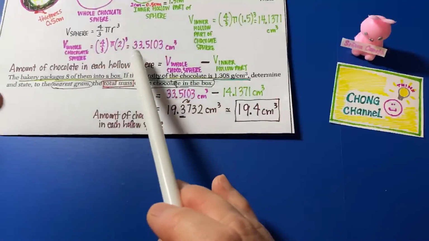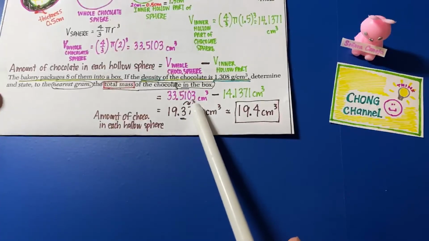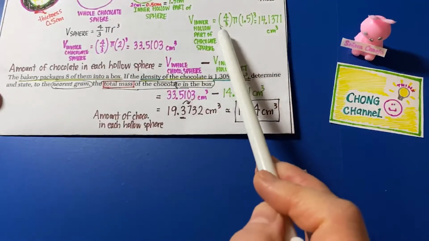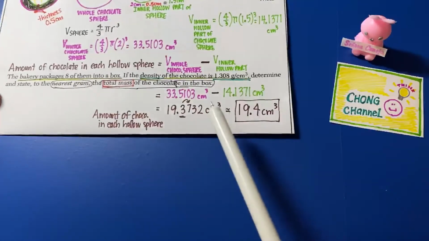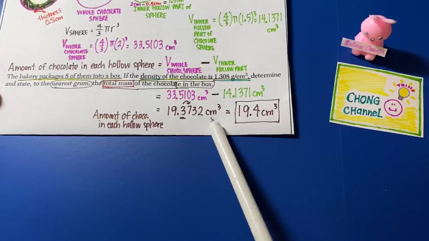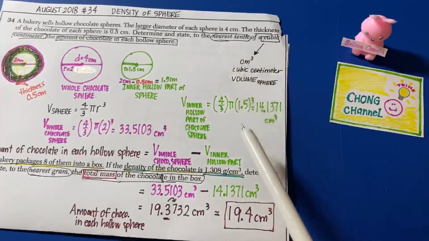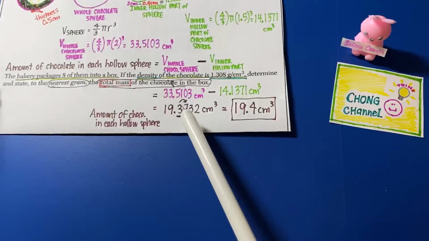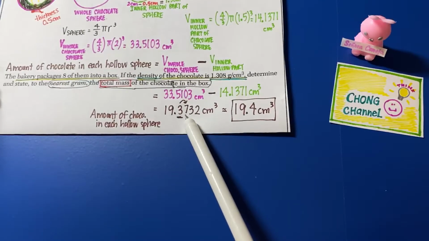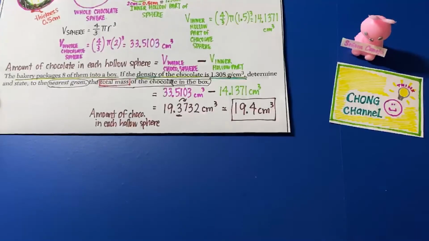So what I did was I plugged in the whole chocolate sphere volume, subtract the inner part of the hollow chocolate sphere, and then we get this decimal. Remember in the problem, it told us to round to the nearest tenth, and so we underlined the tenth place. Look at the next number. That number is 5 or more, so this becomes 19.4 cubic centimeters.